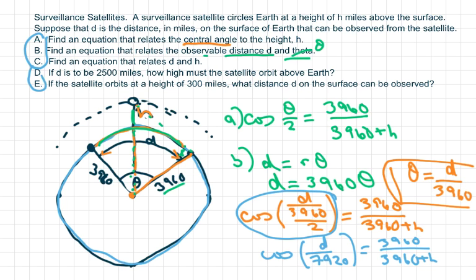The rest we just have to substitute. And I'm going to do that on the next page. So it says if D is to be 2,500 miles, so what I'm going to do is substitute D here. And then I have to find H. Okay, so let's do that.